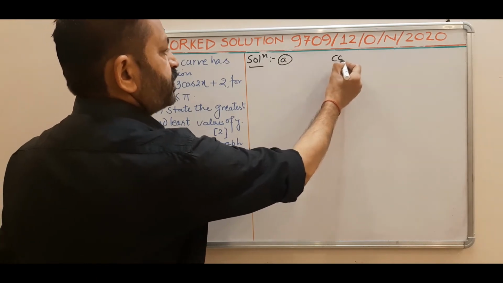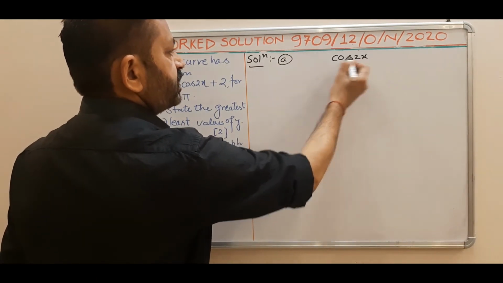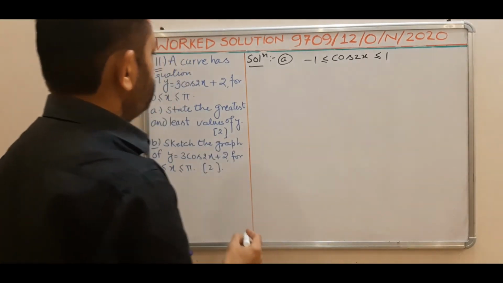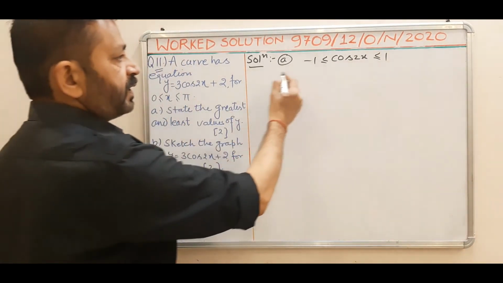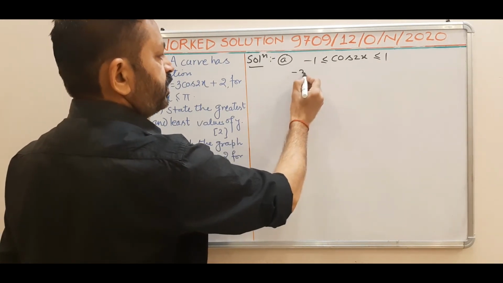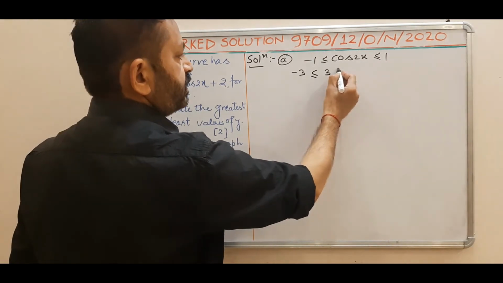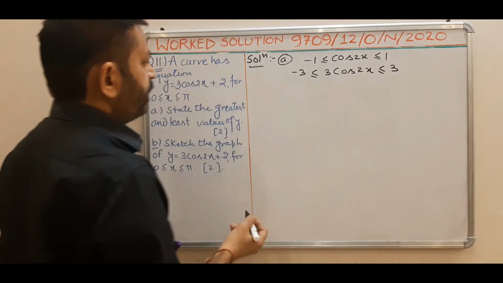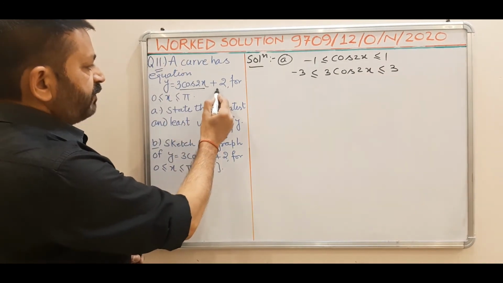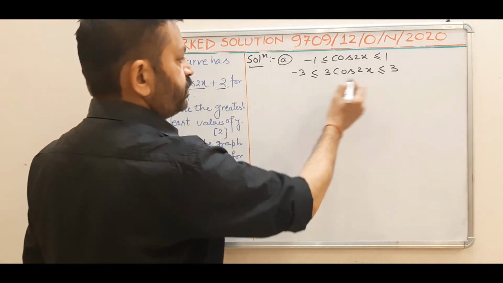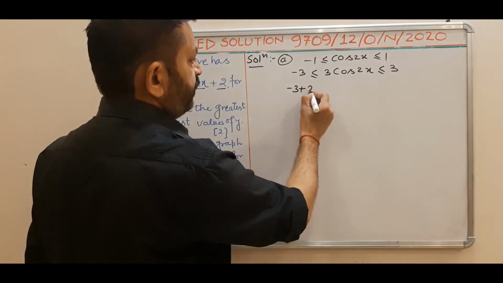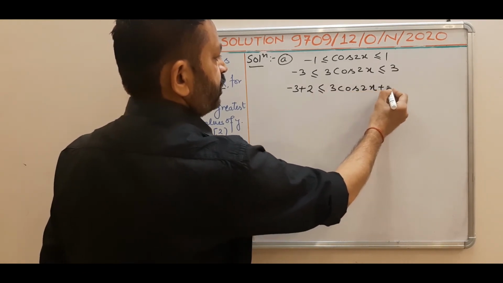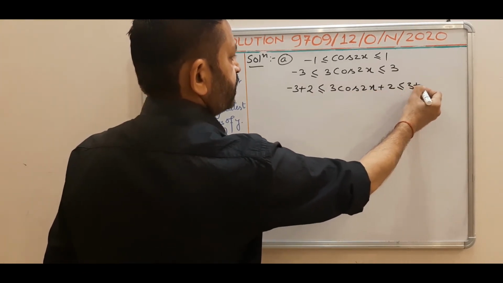with the information that cos 2x will always lie between minus 1 and 1. Now we have 3 cos 2x, so multiply across with 3. So it will become minus 3 less than or equal to 3 cos 2x less than or equal to 3. If you look at the function, we have plus 2 as well. So adding 2 everywhere in the inequality, it will become minus 1 less than or equal to 3 cos 2x plus 2 less than or equal to 3 plus 2.